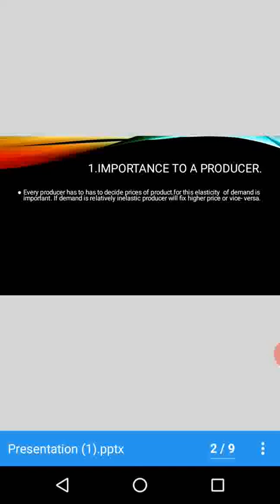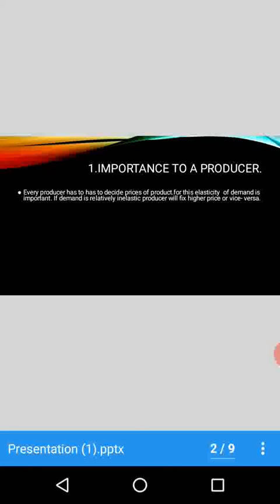Even if there is a fall in the price of the commodity, the change in the quantity demanded is not much.